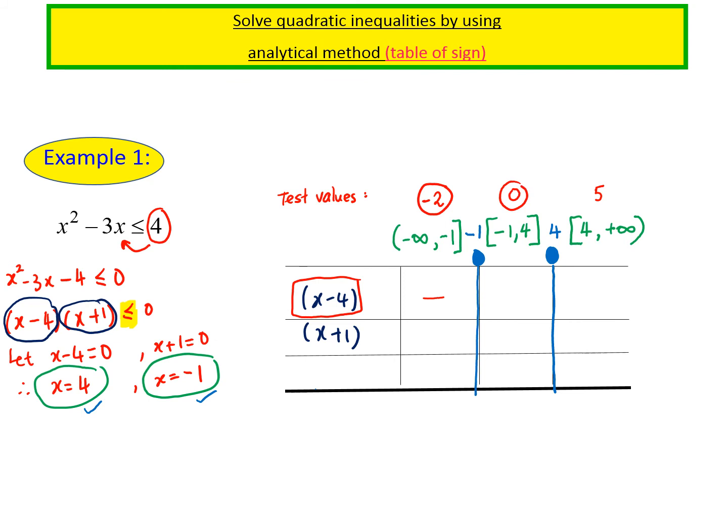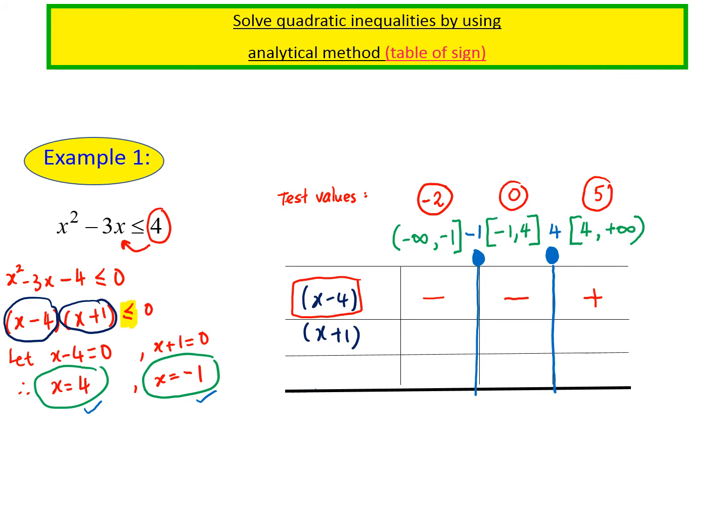When x is 0, it will produce 0 minus 4, which is negative 4, so again this is negative. The last test value is 5, so I put it inside x minus 4. I get 5 minus 4 equals 1, so this is positive. That is my table of sine for x minus 4.